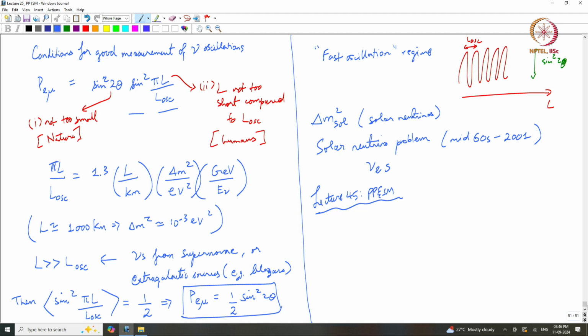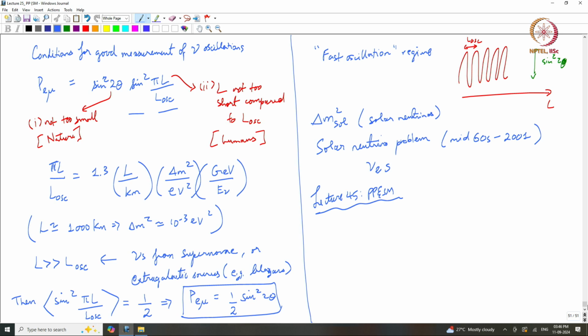In that regime, all you can do is average out the oscillations and basically set the sine square that depends on the baseline to half. When you do that, the probability turns out to be half times sin square 2 theta.